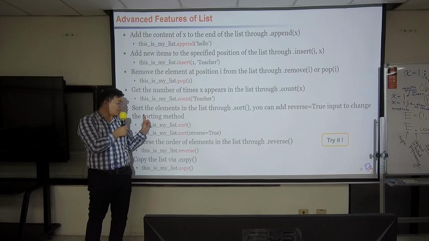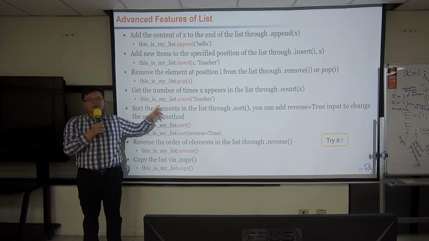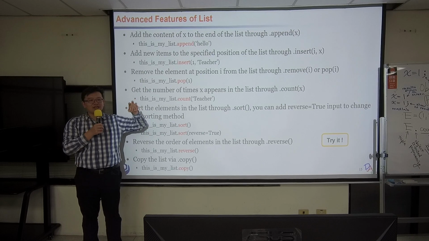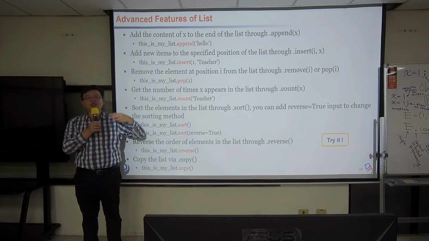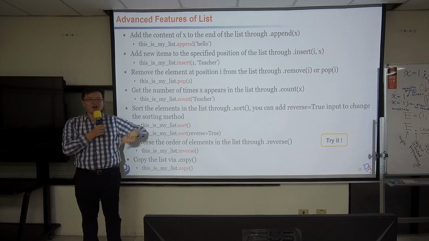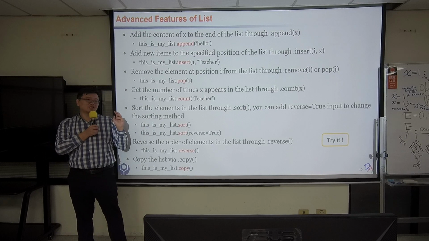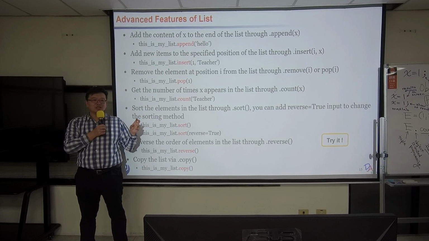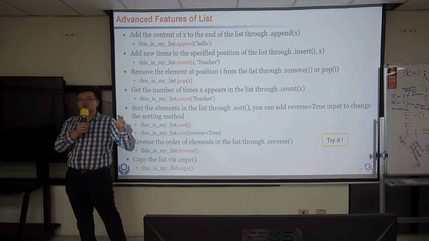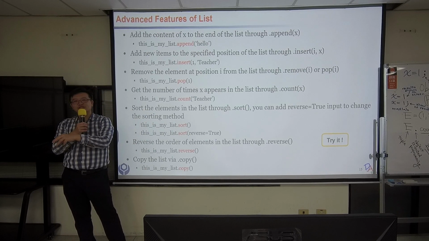What's interesting is that you can do sort. So if whatever inside your list can be sorted, sort helps you to do sorting. Okay? And the default, for example, you want to sort numbers from small to large.